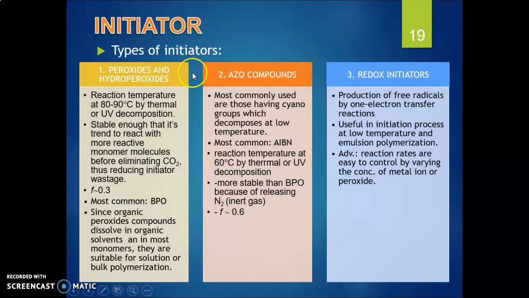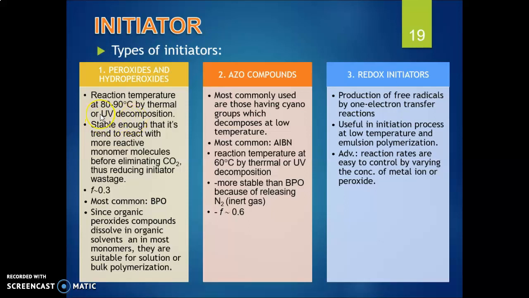Okay, types of initiator: peroxide and hydroperoxide. An example of peroxide is BPO. BPO stands for benzoyl peroxide. So the reaction temperature is 80 to 90 degrees C by thermal or UV decomposition.